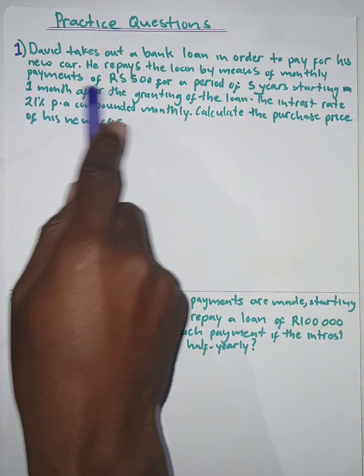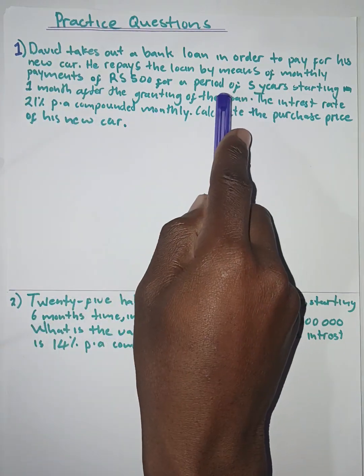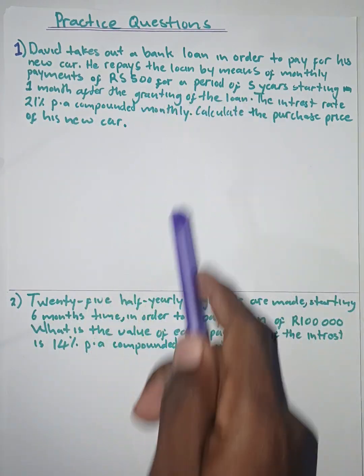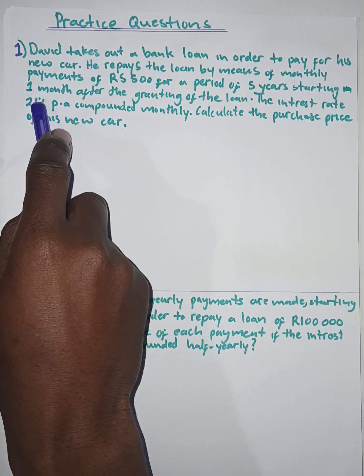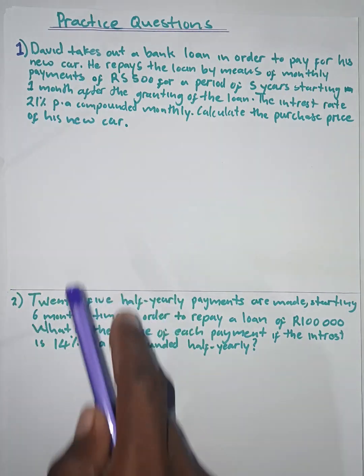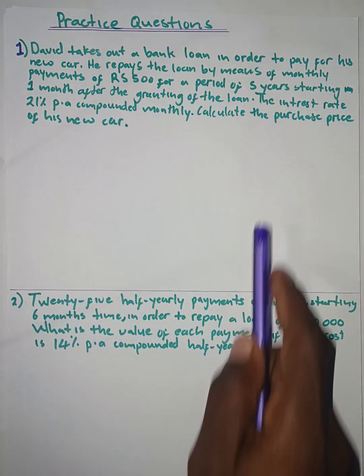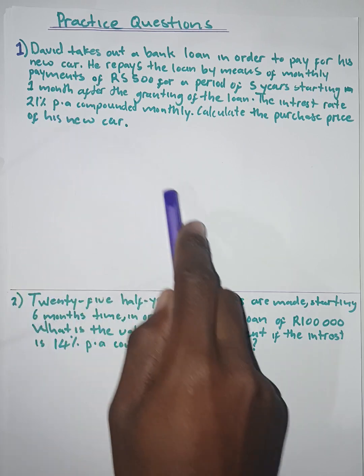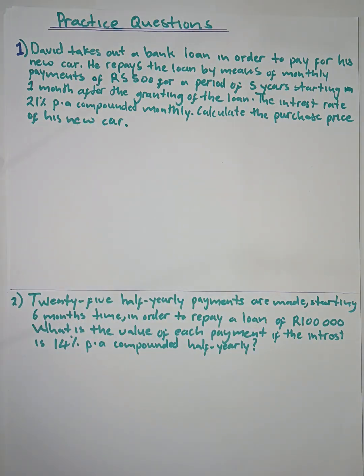That's why they said he started to make the first payment after the first month. The interest rate is 21% per annum compounded monthly. Calculate the purchase price of his new car.